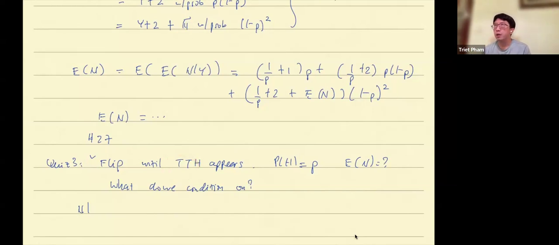So here is actually an example where there are several right answers. You could let y be the number of tosses until the first tail. That's fine.